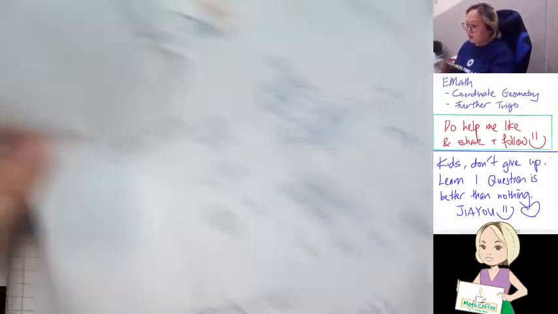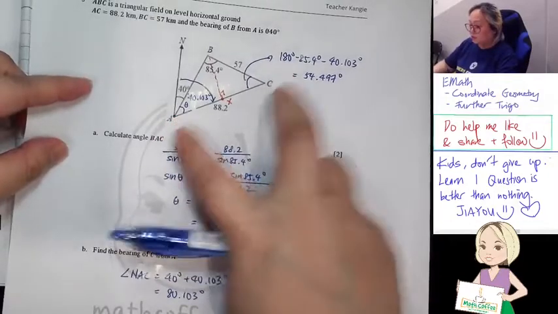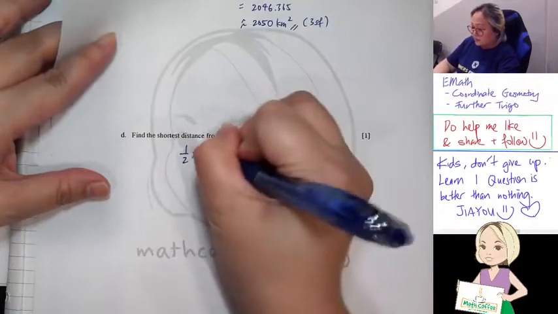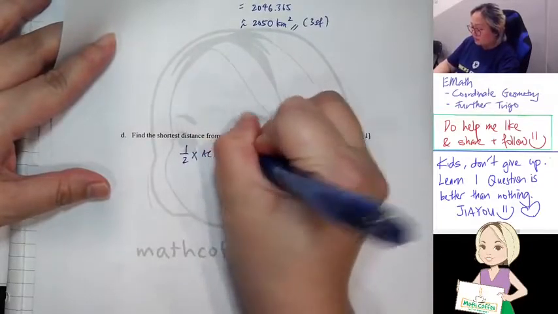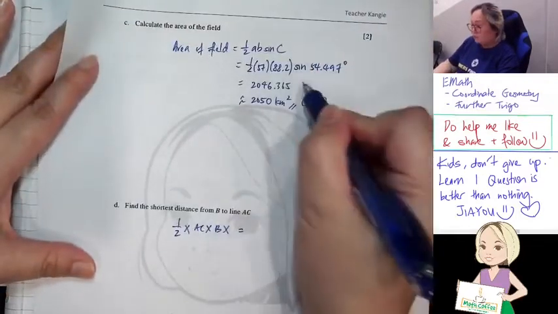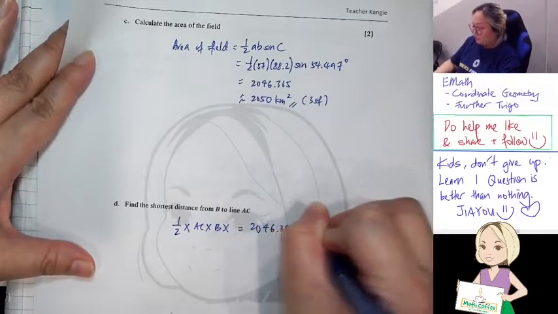So, I will say half times base, which is AC, times BX, is equal to the same area, which is 2046.365.